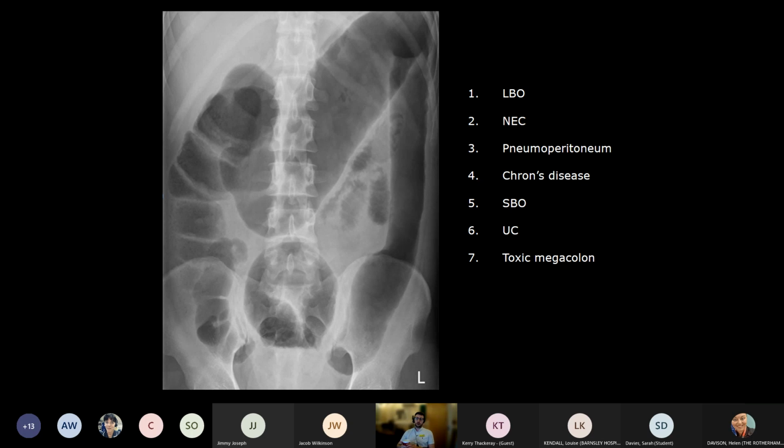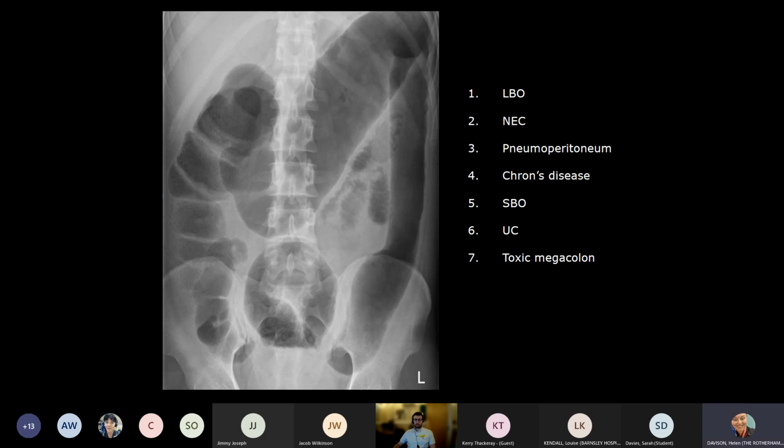The options are large bowel obstruction, necrotizing enterocolitis, pneumoperitoneum, Crohn's disease, small bowel obstruction, ulcerative colitis, or toxic megacolon. So have a think about what we've talked about and see if you can pick out some of the key features and distinguish what it is.